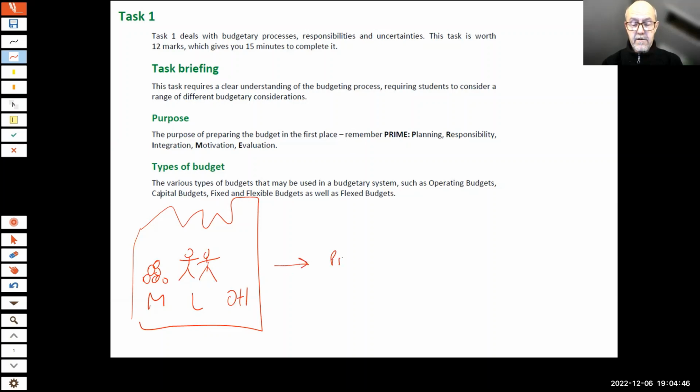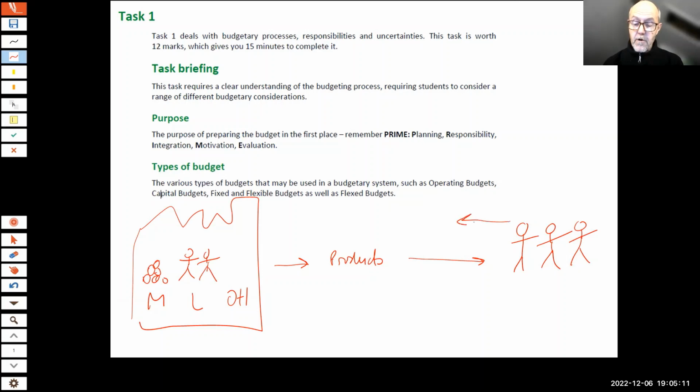Out of all that come products. What do we do with the products? We need more people to sell them to. So there you go. There's a 10-second précis of the entire business process. You get stuff, you get people, the labor, overheads, turn it into products, sell it to people.